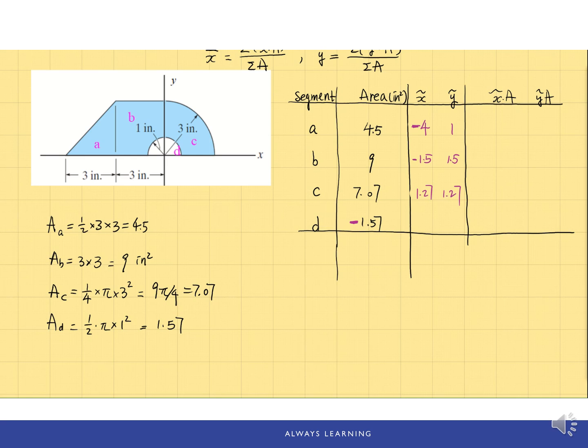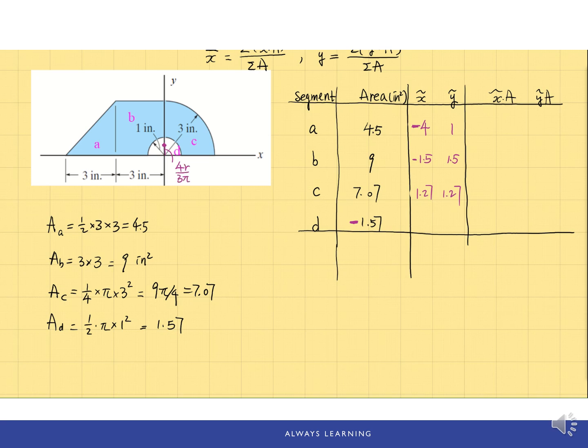And last segment, segment D. Since it's the semicircular area, it has an axis of symmetry, which is the y-axis. So the centroid must be located on the axis of symmetry. And the vertical distance from the centroid to the x-axis is also 4r over 3 pi.